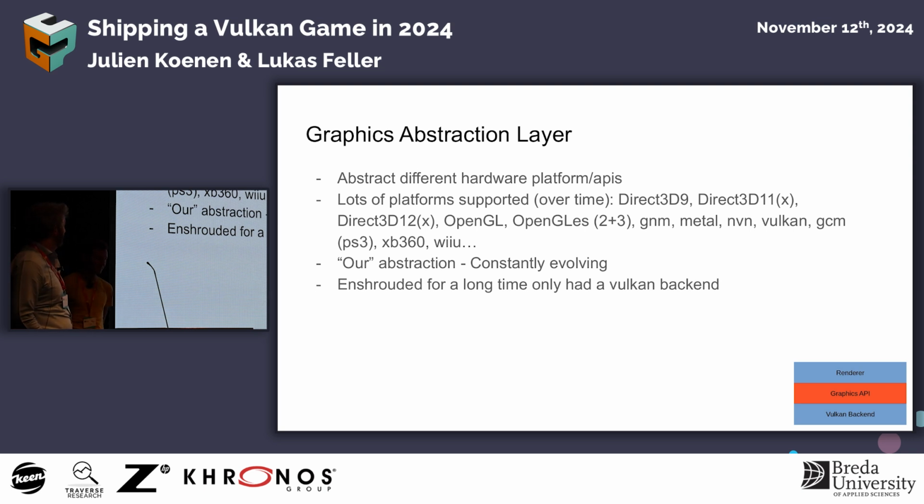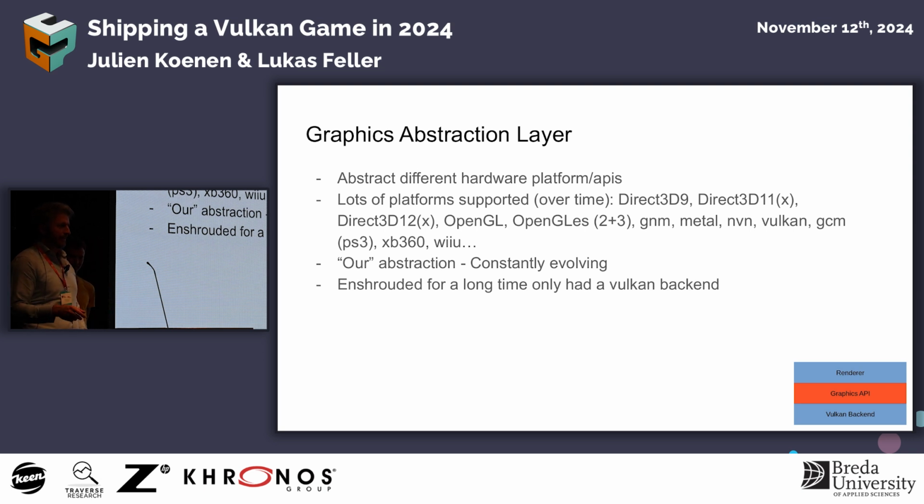As I guess most game developers working on games that have to ship on multiple platforms, we have our own hardware abstraction layer. Over the 38 games we shipped, that went through a couple of backends: ancient stuff like D3D9 and D3D11, and we actually have a D3D12 backend now, OpenGLES, and a couple more esoteric APIs on other platforms.